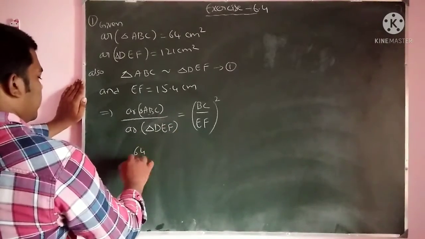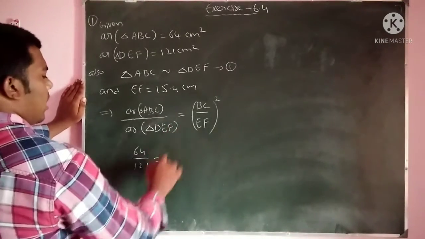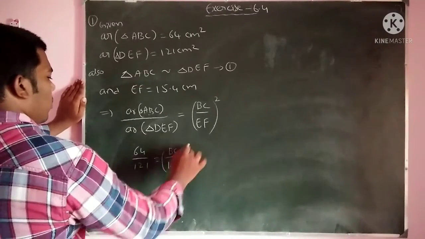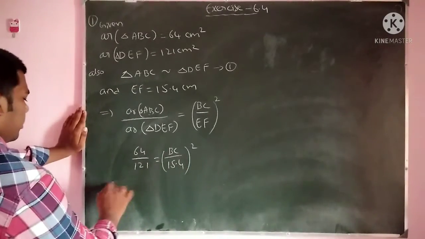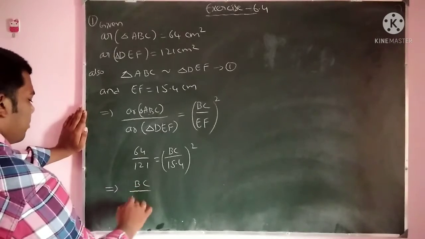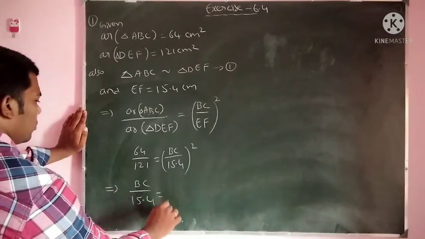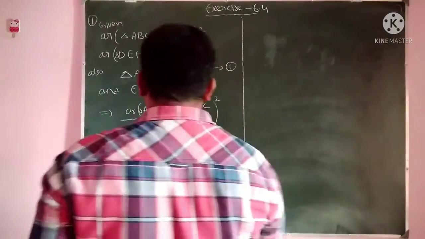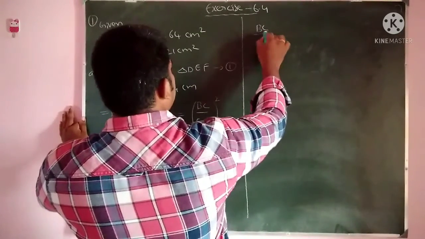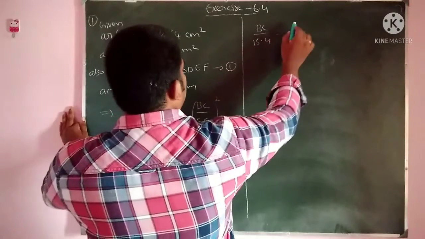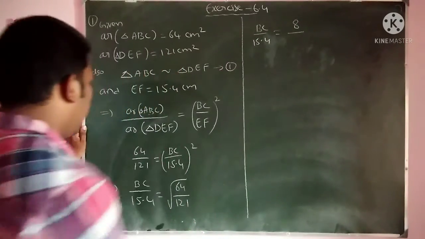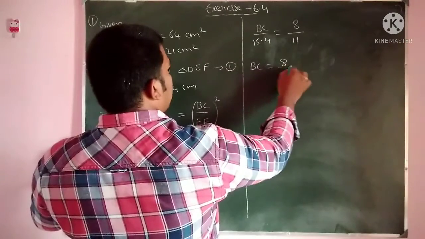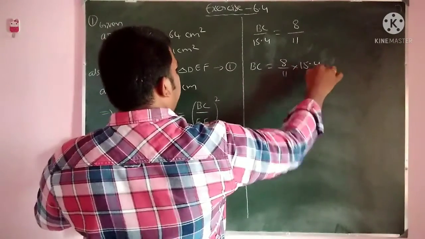So this is 64 by 121 equals BC by 15.4 whole square. Then we can write BC by 15.4 is equal to root of 64 by 121. Root 64 is 8 and root 121 is 11. So BC is equal to 8 by 11 into 15.4.